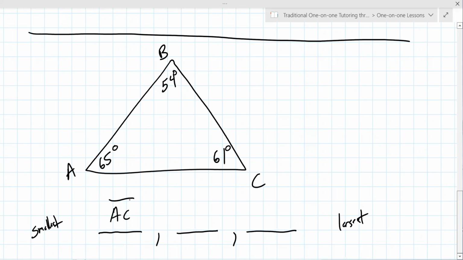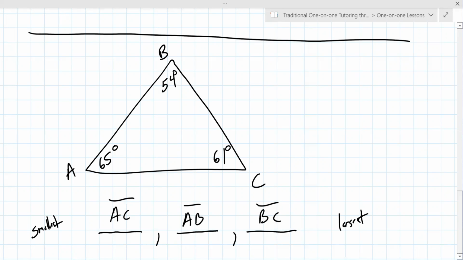And next up we have C, right? That is AB. Yes, AB, good. Then that's going to be BC. Good.